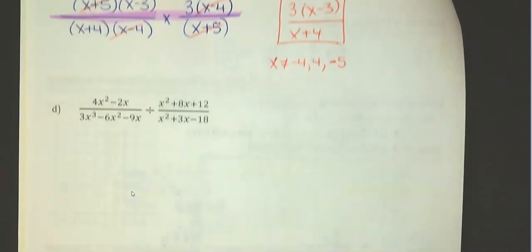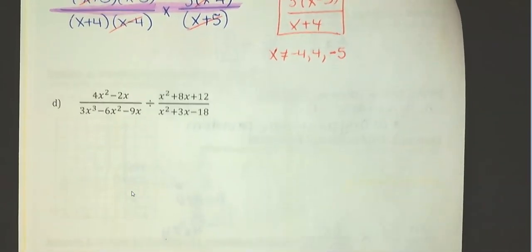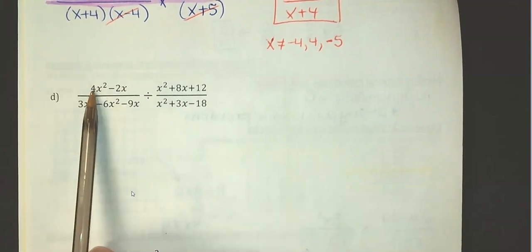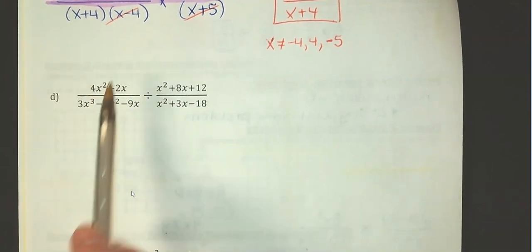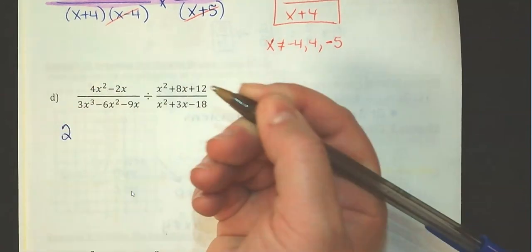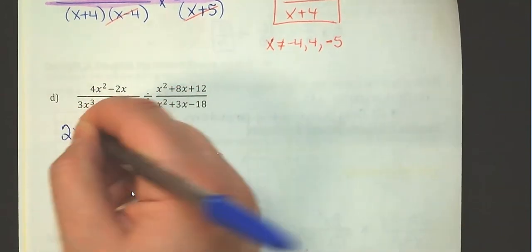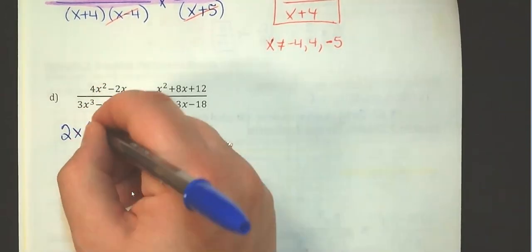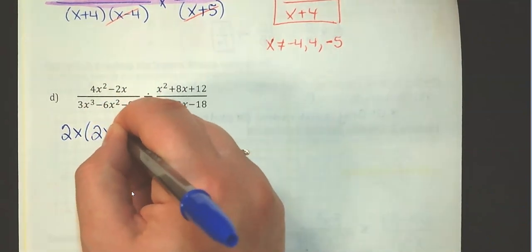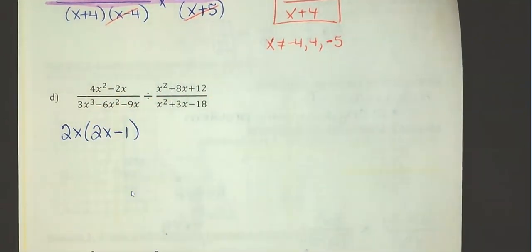Sorry, I'm trying to do these real fast to give you guys some time so you can try them out on your own. All right, the top of this next fraction, I've got 4x squared minus 2x. Both of those numbers are divisible by 2, and both of them have an x. Left over, I would have 2x and then just minus 1. I'm just taking out a greatest common factor there.